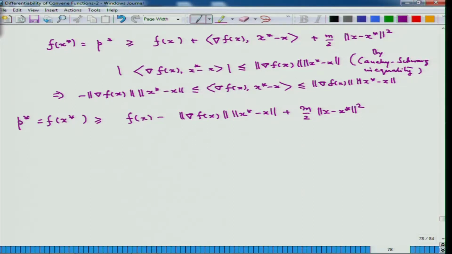But p star is the infimum. So, f x is bigger than or equal to p star, which would imply p star minus f x would be less than or equal to 0.